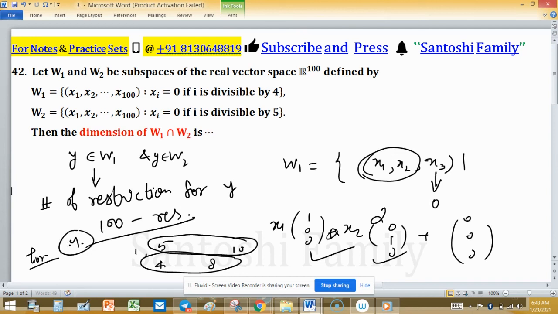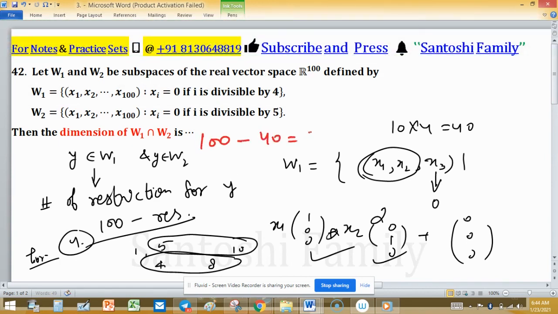From 10 to 20 there will be 4 restrictions, from 30 to 40 there will be 4. So we break 100 into 10 parts, and in each part there are 4 restrictions. So the total restriction is 10 into 4, that is 40 restrictions. So you take 100 minus 40 as the dimension. So the dimension is 100 minus 40 equal to 60. 60 is your final answer.